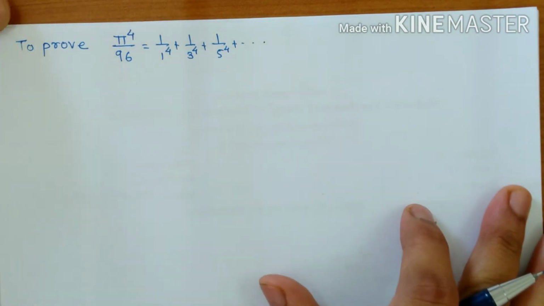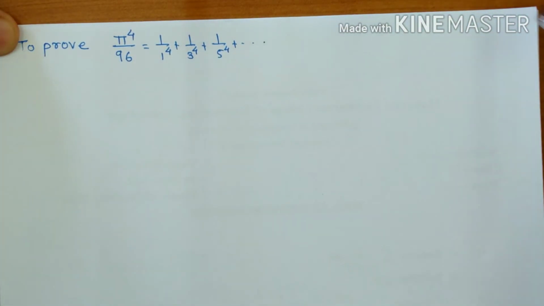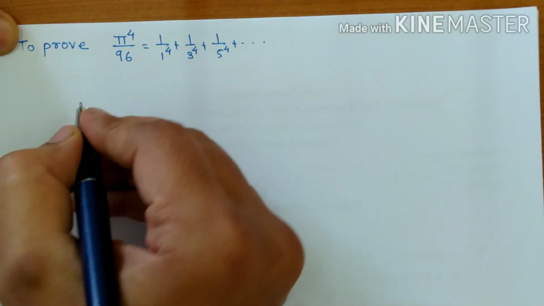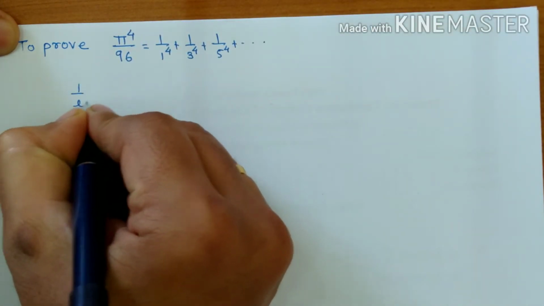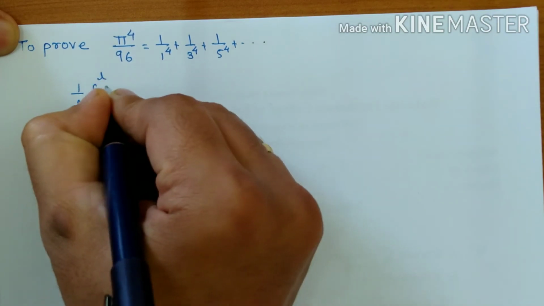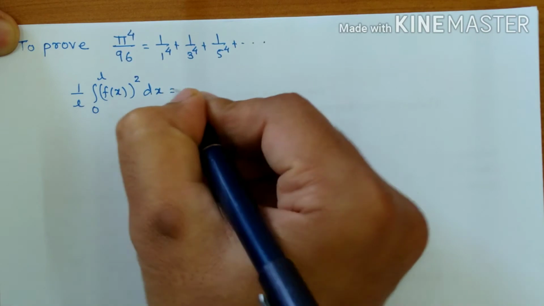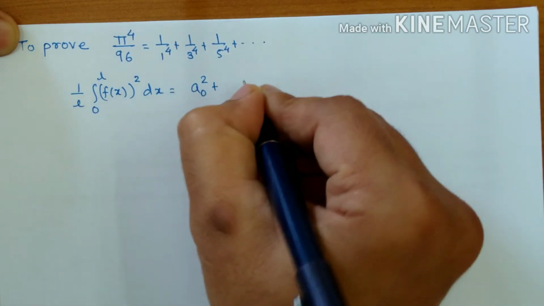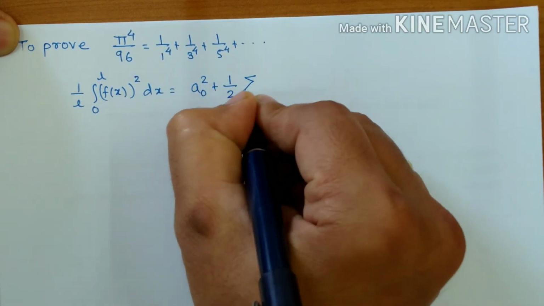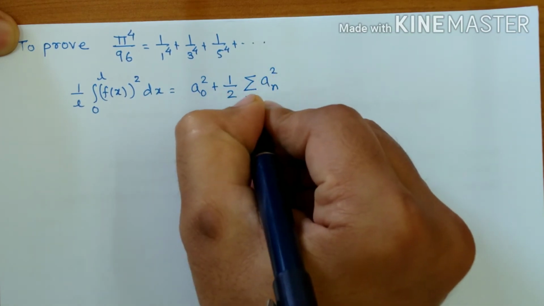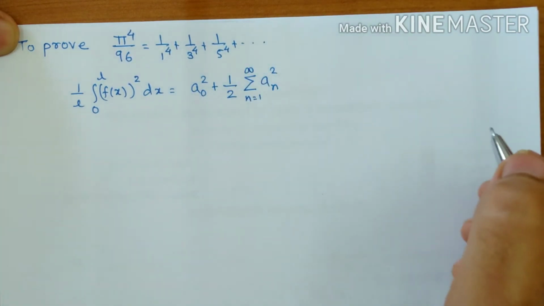Okay, now the proof is very simple. By the Parseval's identity, 1 upon L integration from 0 to L f of x square dx is equal to a naught square plus 1 by 2 summation an square, n runs from 1 to infinity.